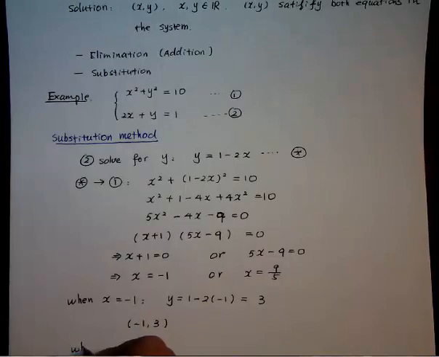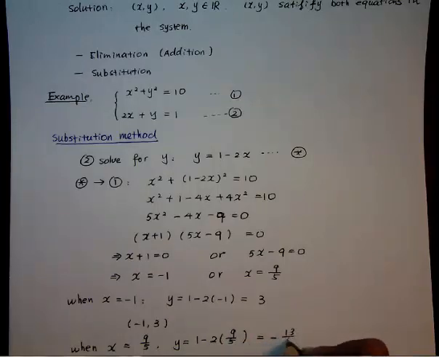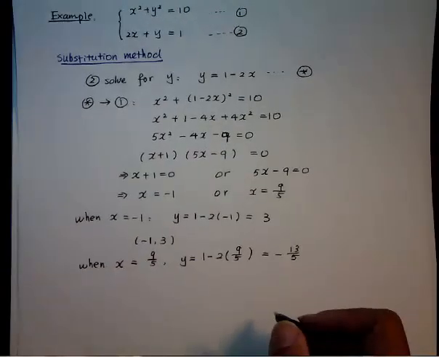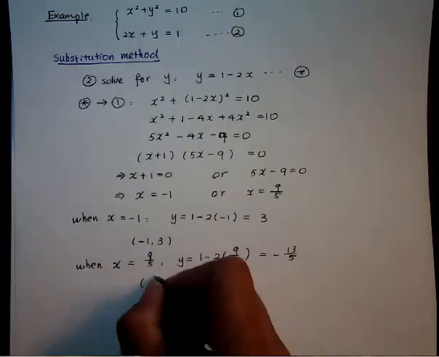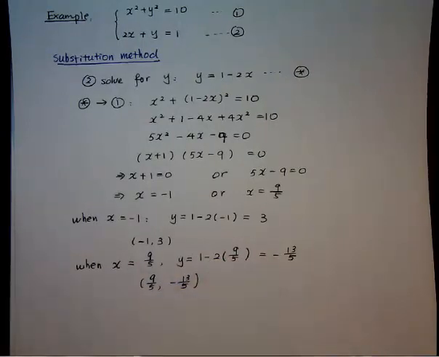When x equals 9/5, y is equal to 1 minus 2 times 9/5, which will give us -13/5. So then we found another ordered pair, which is (9/5, -13/5). Those two are the proposed solutions.